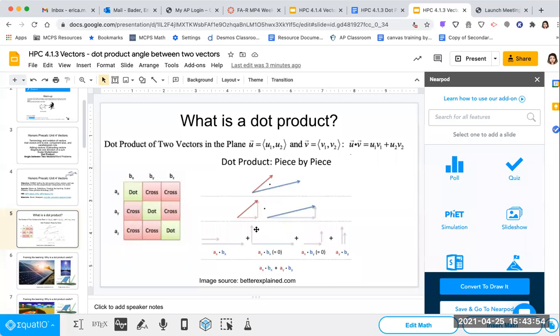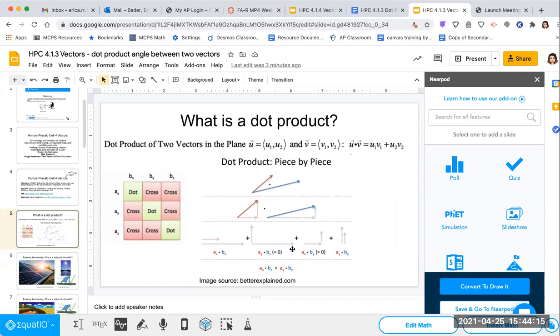When we have AX times BX, that's this direction times this direction, plus AY times BX, which is going to be 0, because with perpendicular vectors, their Y components don't affect the X components, and their X components don't affect the Y components.